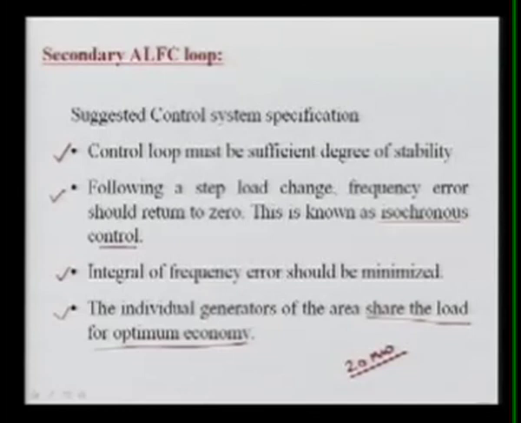This is basically at a later stage, but first for the control we have these three specifications, along with another specification that we normally go for: the system overshoot should be minimum.